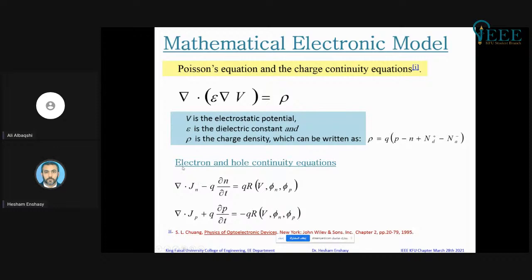We also use the electron and hole continuity equations to solve for the electron and hole availability inside the device. These 3 equations, if we solve them together, make the electrical model, and sometimes we combine them with the thermal model, which is the heat equation also.